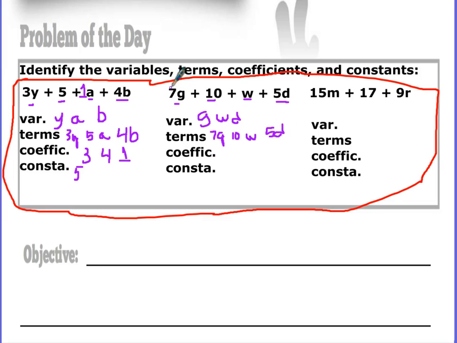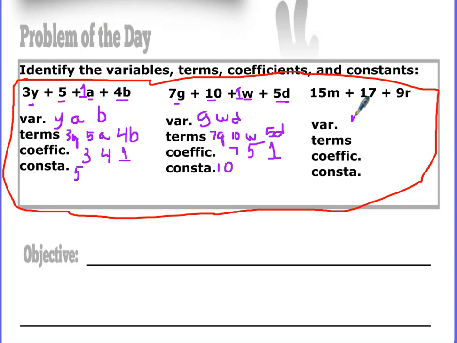Coefficients are the numbers in front of the variables. So I have a 7, I have a 5, and again, I have a variable all by itself, but I know that there's that invisible 1 in front of the w. So I'm going to add 1 as a coefficient. And the constant is 10. Constant is the number all by itself.